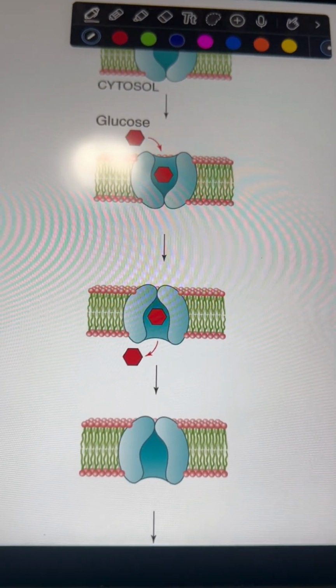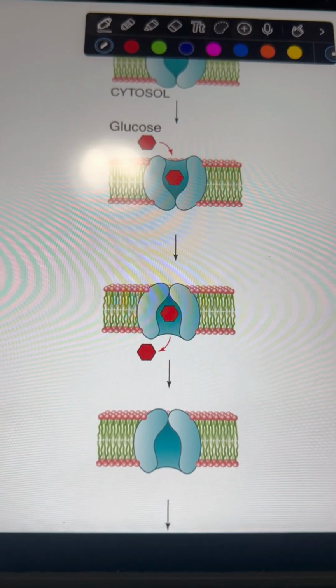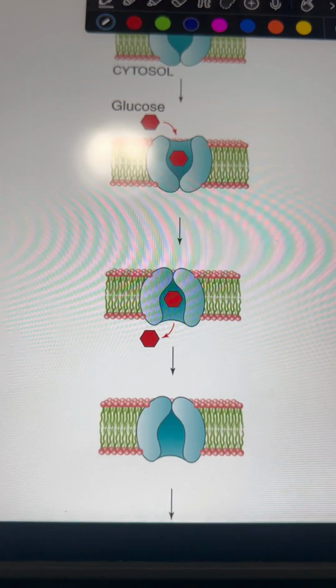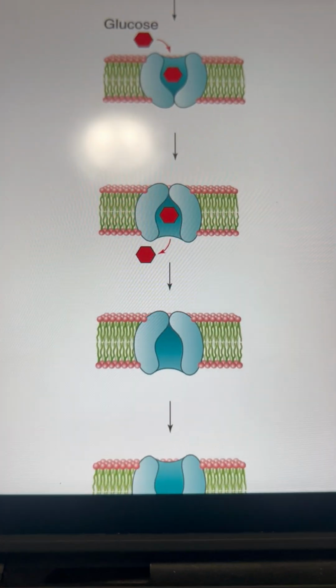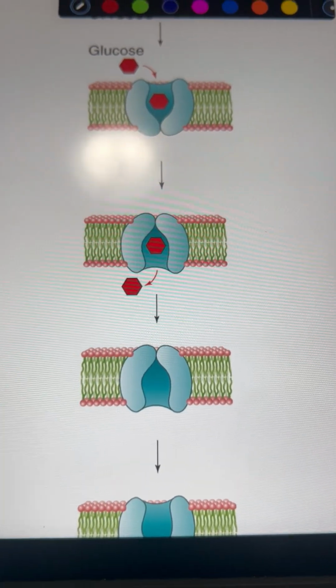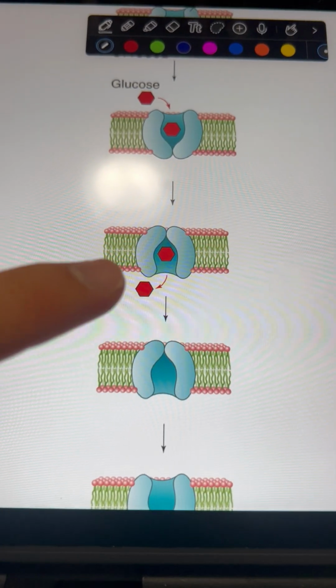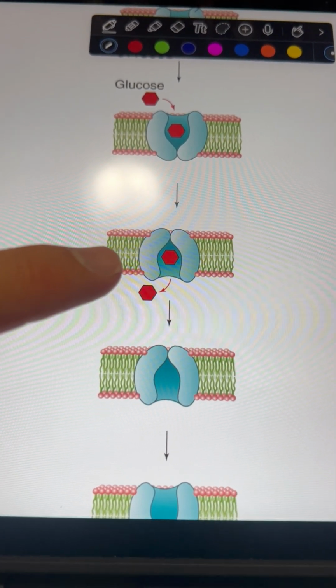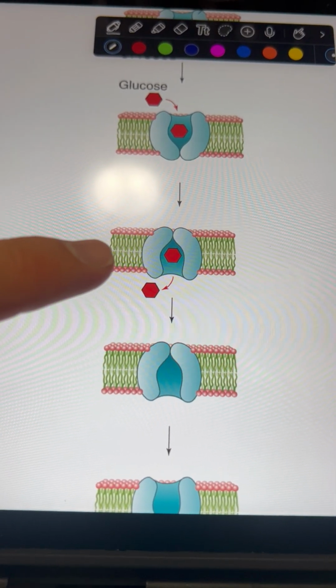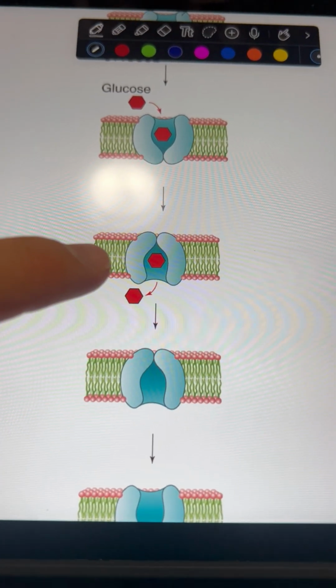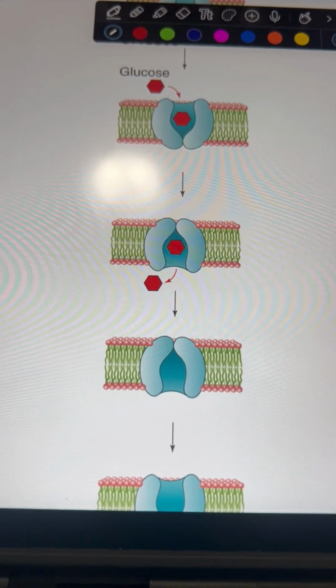And so why is it called a conformational change transport protein? This is exactly why right here. We can see that when the glucose is bound to that transport protein in the membrane, the conformation of the transport protein changes.